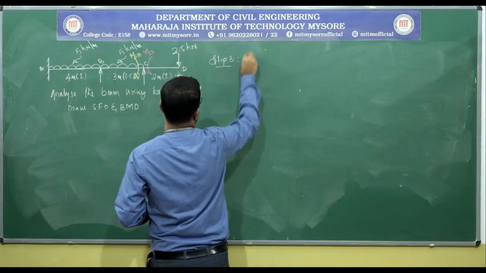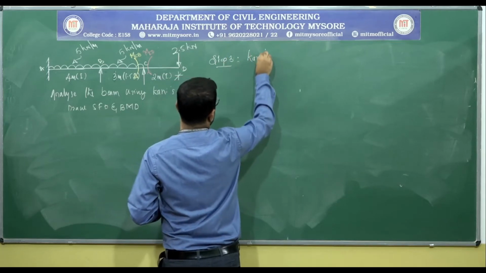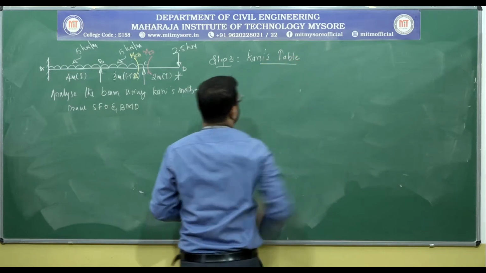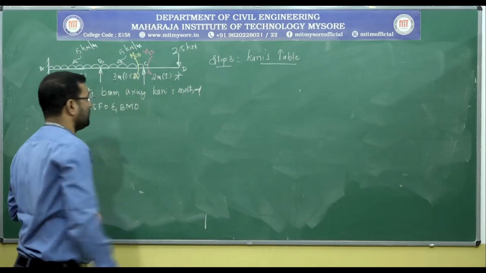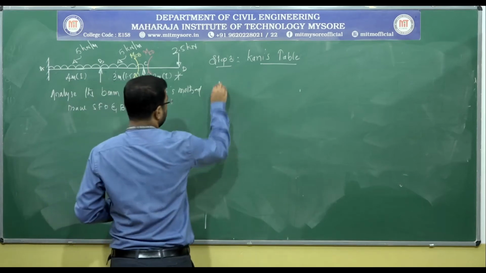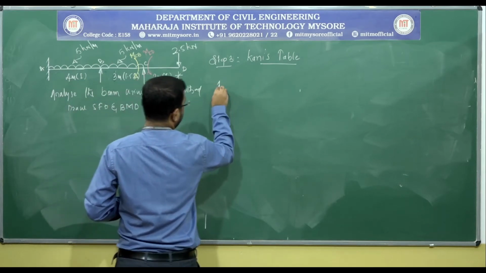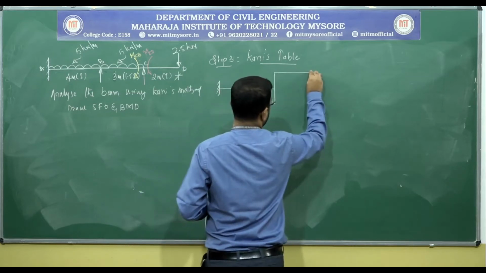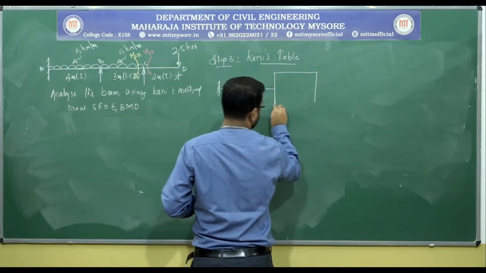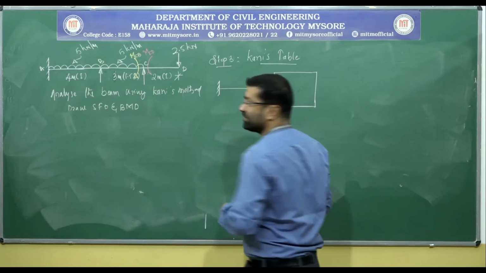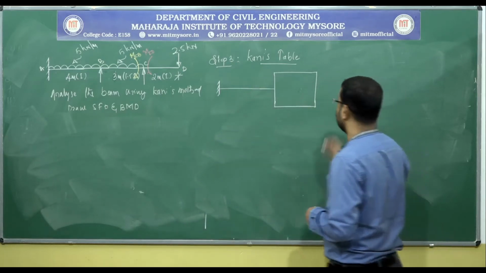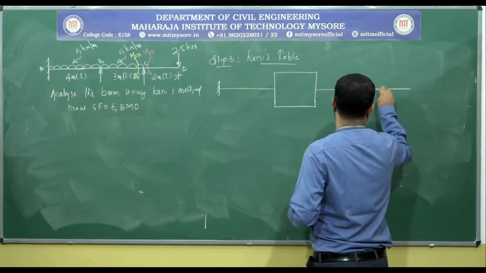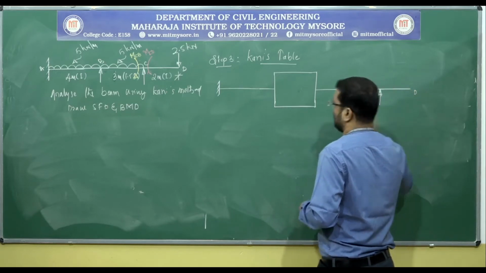Step 3, Kani's table. I hope you know how to write the Kani's table. So here we are just replacing the joints by boxes. This box represents the joint B, and we have the end support C.